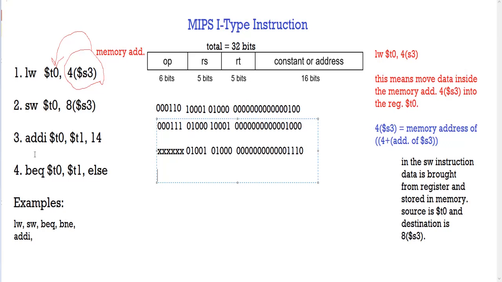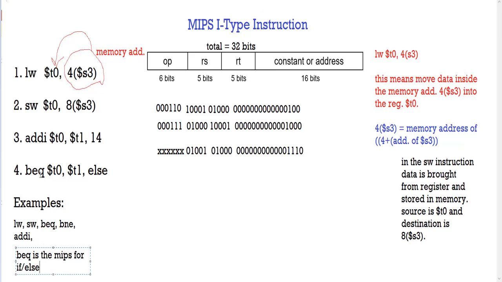For now, you just have to know that branch if equal to is the equivalent of an if-else statement. Alright, so BEQ basically is the MIPS for if-else statements. That's all you need to know for now, and you need to know how to represent it.